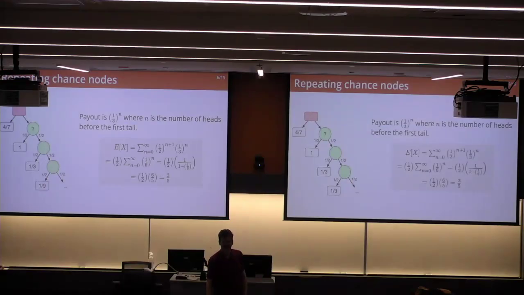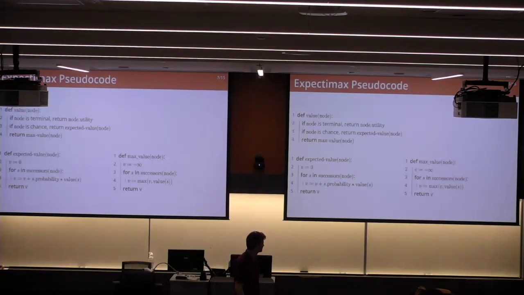Questions on that? Infinite trees of chance. So now we can start to talk about Expectimax. When you're making choices, if you look at the value of a node and it's terminal, you just look at the utility at that point.